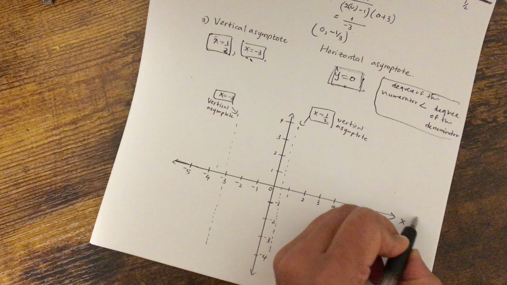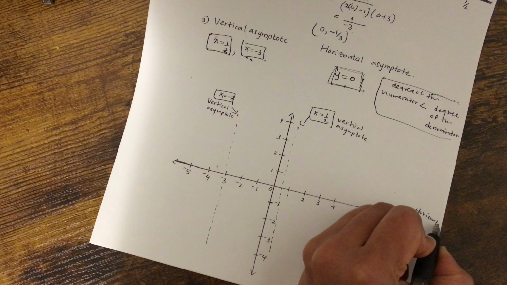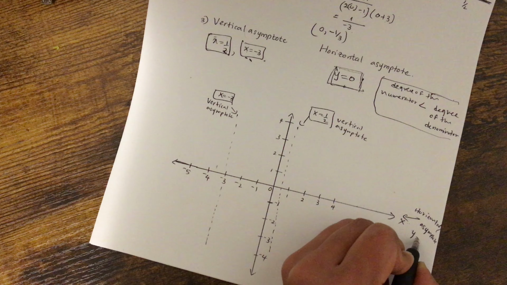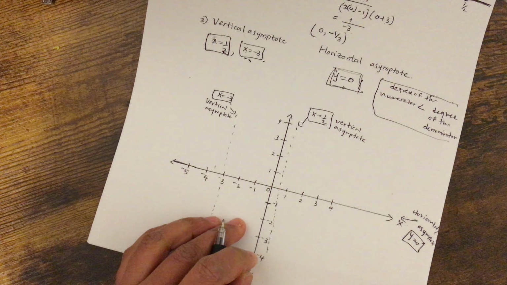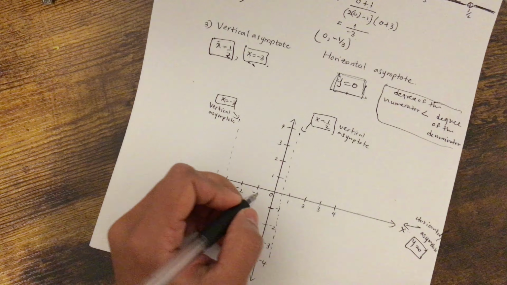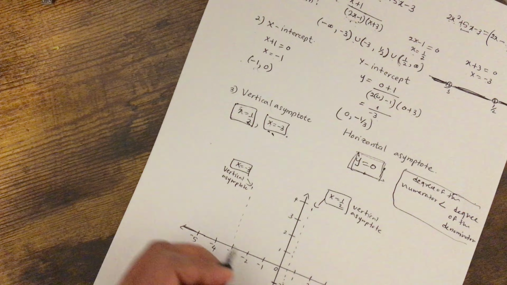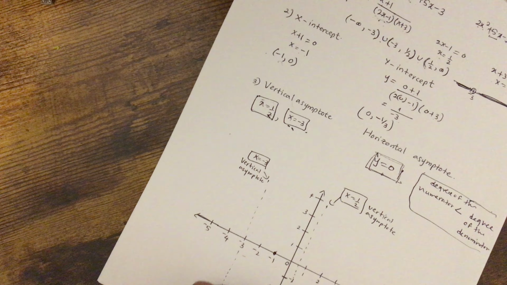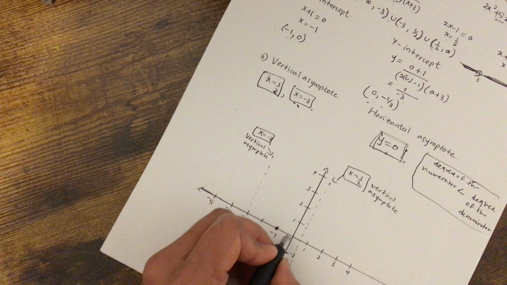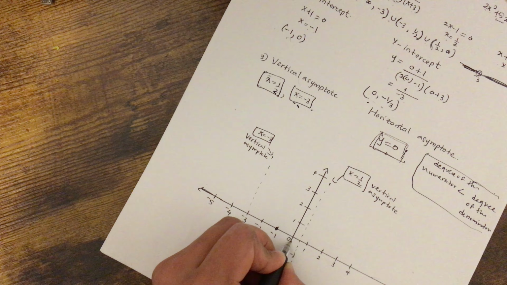And this x-axis is your horizontal asymptote, which is y equals 0, right? The horizontal asymptote. Now let's mark the x-intercept. The x-intercept was negative 1, 0. It's over here, right? And the y-intercept is 0, negative 1/3. It's like over here, right?